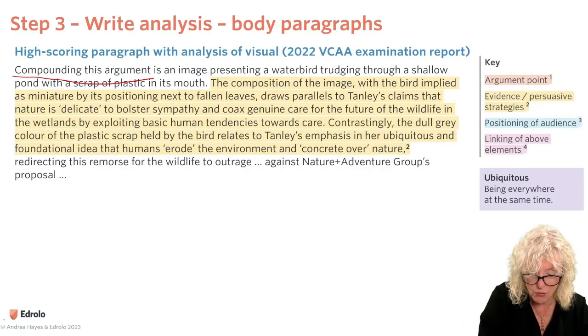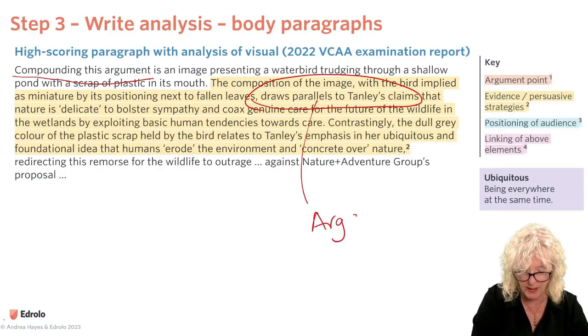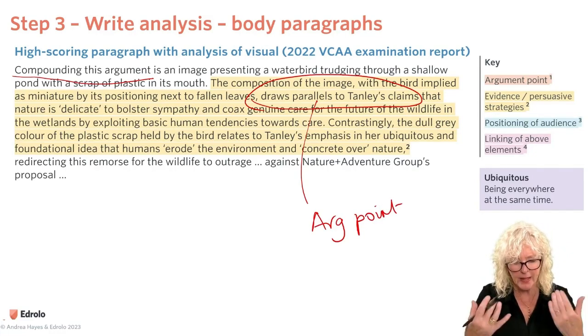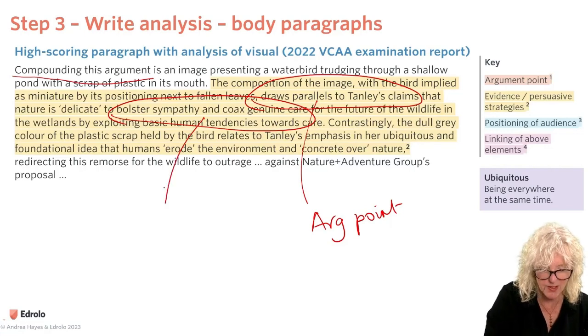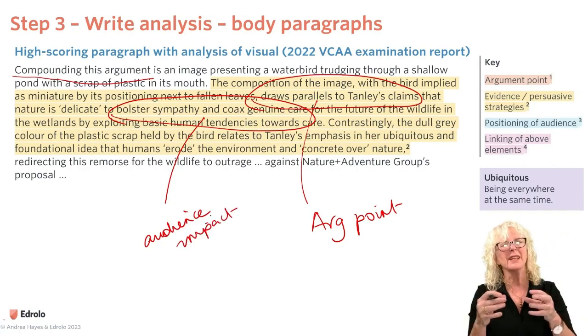And then it draws parallels to claims that nature is delicate. So this is like an argument point here. It's drawing parallels, it's in support of Tanley's claim. And then, it's to bolster sympathy and genuine care. So this is audience impact as well. So you've got all sorts of things happening here, but they're all blended together.